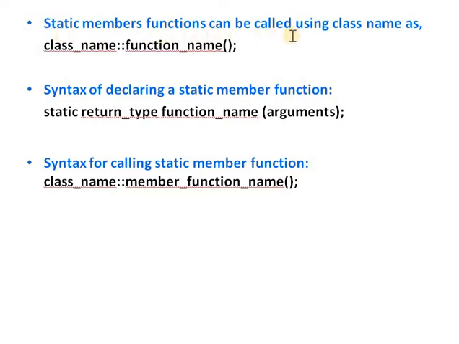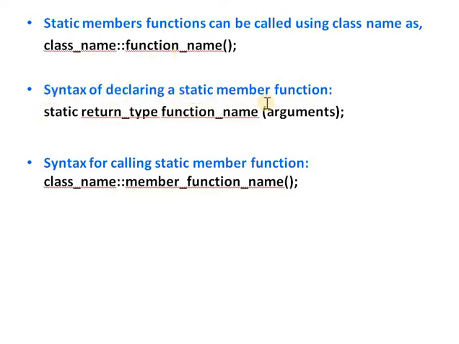Static member functions can be called using the class name: first specify the name of the class, after that the scope resolution operator, and then the static function name.